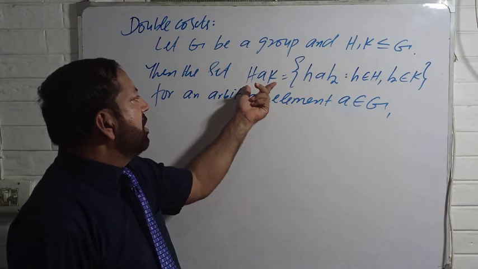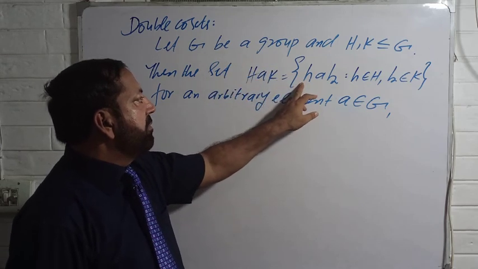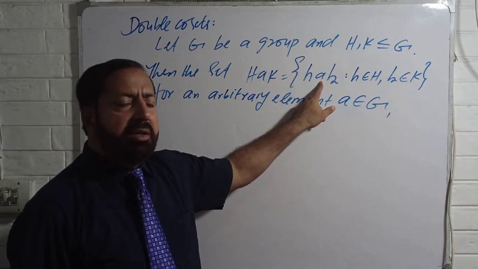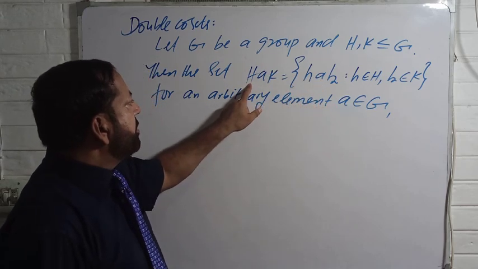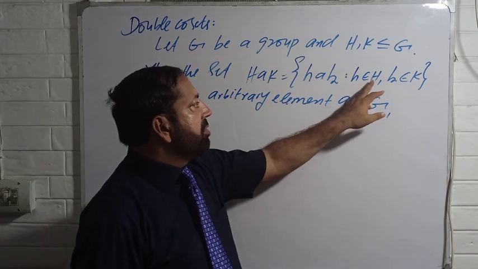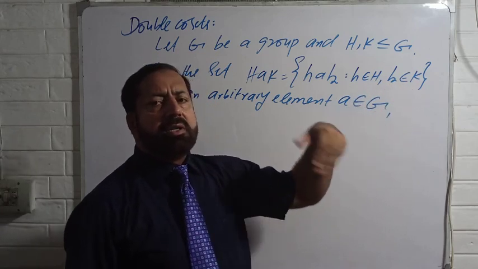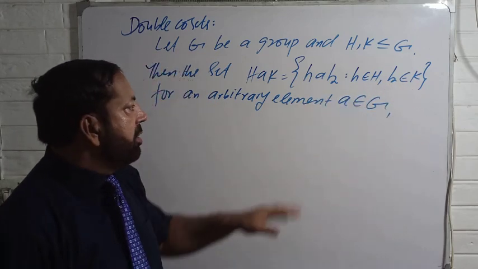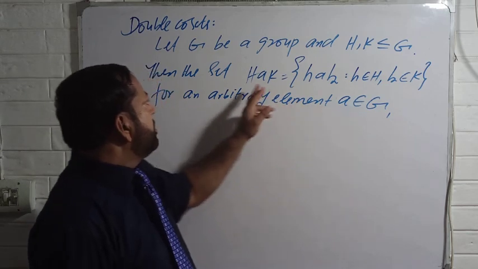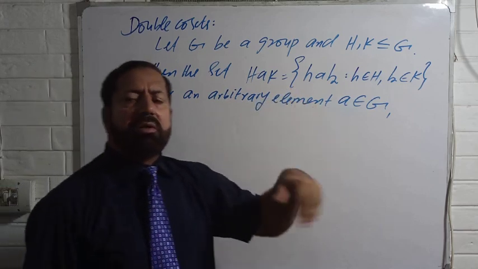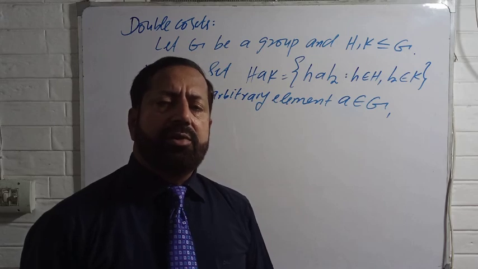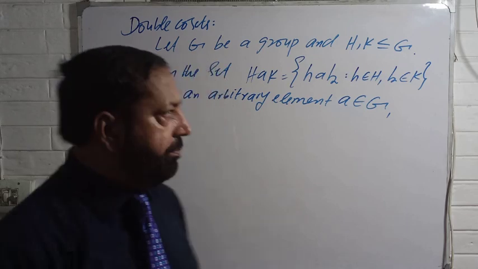Of course, the elements of this set must be of the type hak, because we are fixing the element a, and h from this capital H and k from this capital K. So that's why we are writing h belongs to capital H and k belongs to K. So corresponding to a fixed element a belonging to G, for an arbitrary element a belonging to G, this set is called a double coset of H and K determined in G by a.